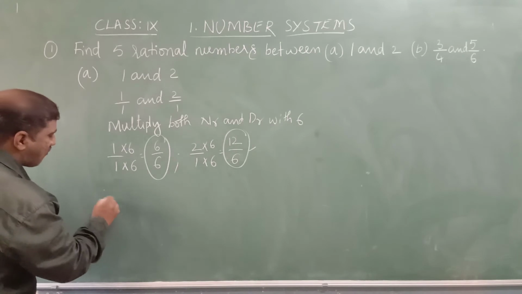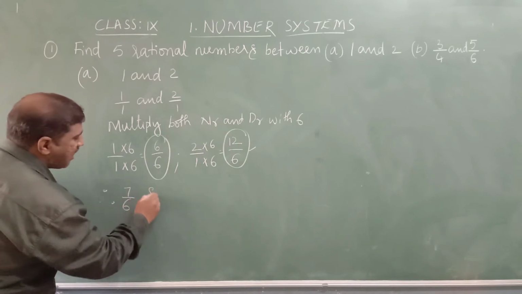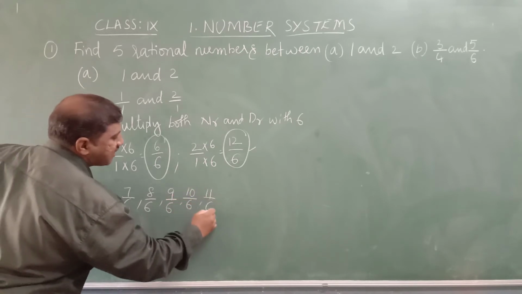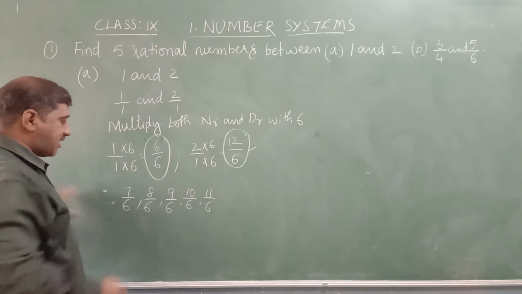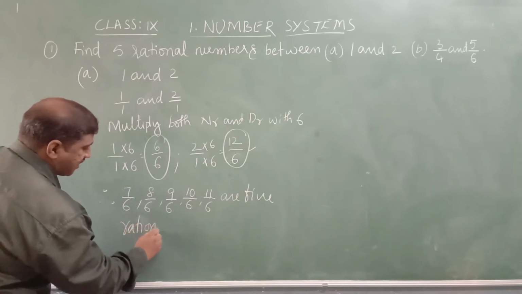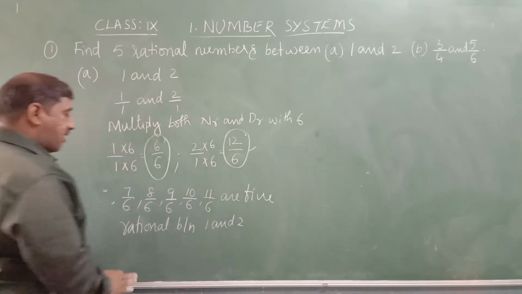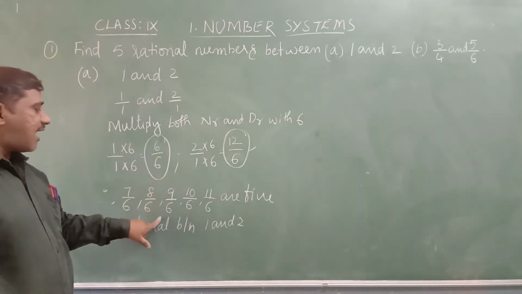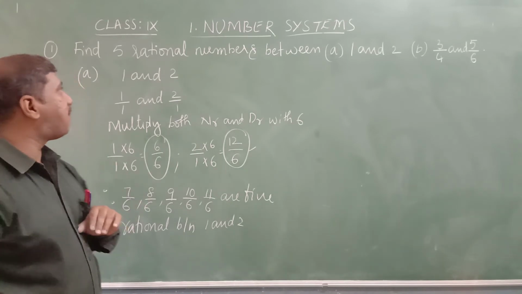Therefore the required rational numbers are 7 by 6, 8 by 6, 9 by 6, 10 by 6 and 11 by 6. After that it is 12 by 6, which is already one of the given rational numbers. So we got 5 rational numbers between 1 and 2: 7 by 6, 8 by 6, 9 by 6, 10 by 6 and 11 by 6.